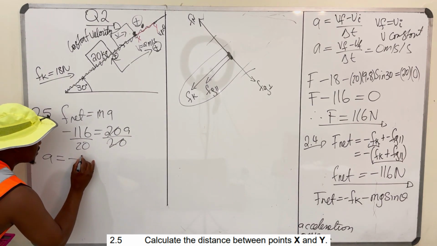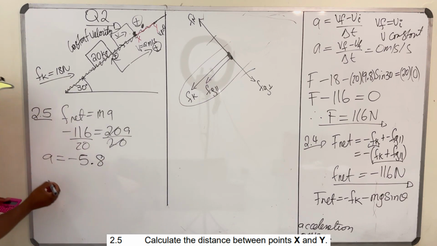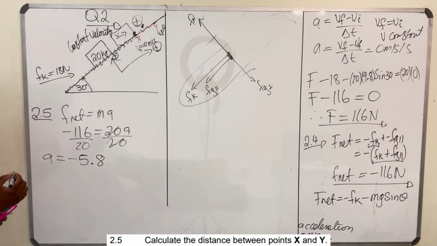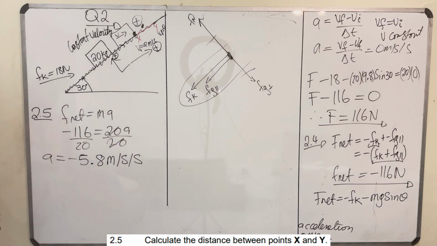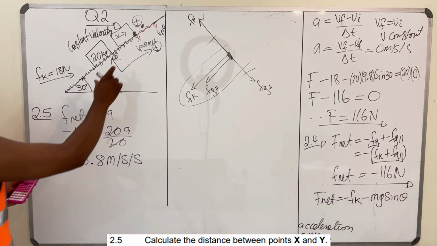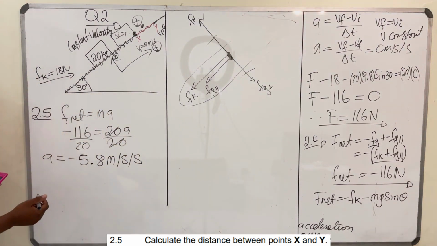So you get that the acceleration is minus 5.8. This is your acceleration, with units of meters per second squared, of course. But we want the displacement between X and Y. That's what we're looking for.